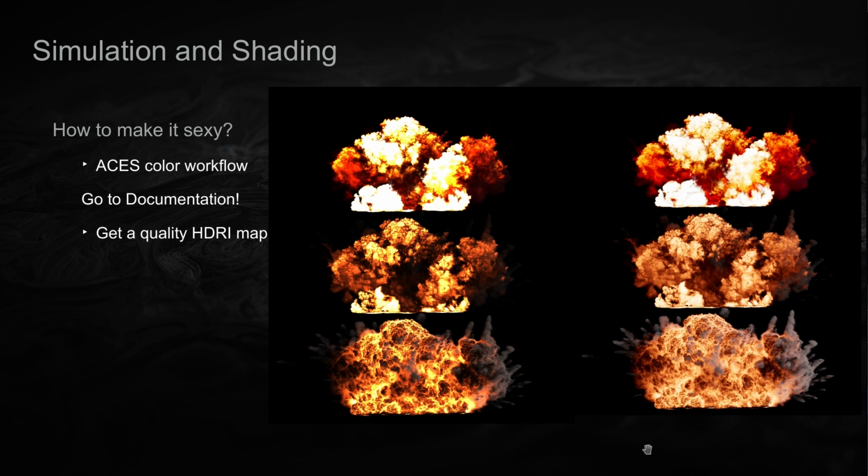And I'm saying good quality here because there is a big difference between HDRI maps, and a good quality one can give you really nice coloring on the smoke components of your explosions, especially when used with absorption color, which I will talk about on the shader.